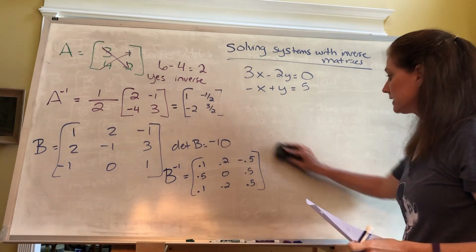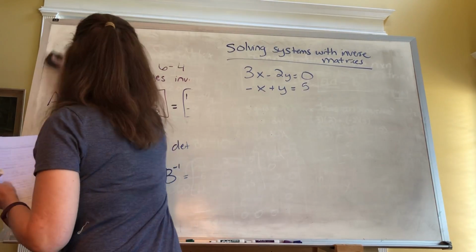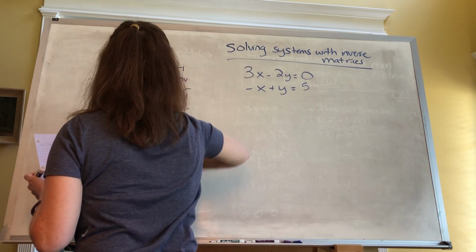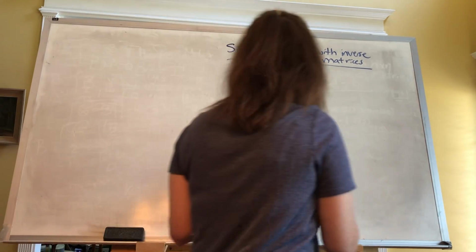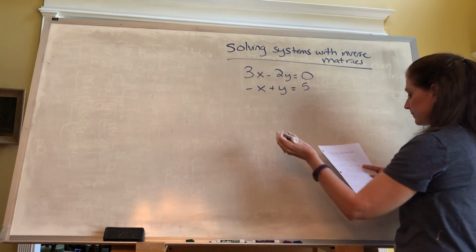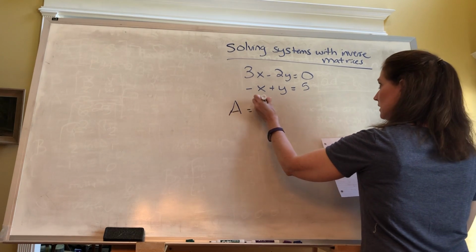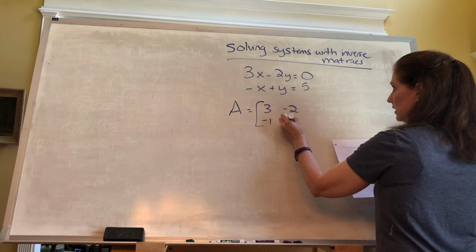Alright, if we put these in matrix form, my matrix A is going to be 3, negative 2, negative 1, 1.